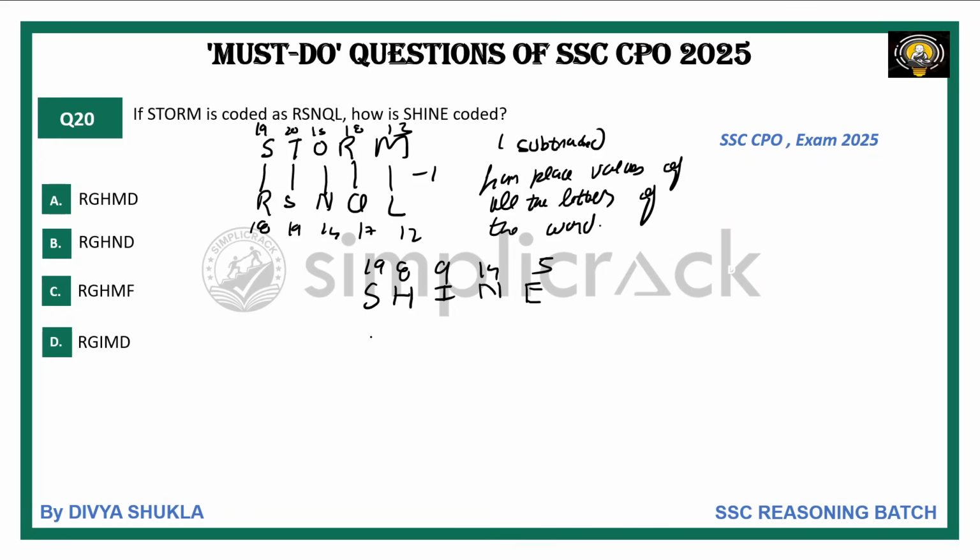So you would be having Q, G, H, M and D. Sorry, this is R actually, not Q, this is R. So RGHMD, option A is the correct answer for this question. This is 8, 7, 8, 13 and 4.